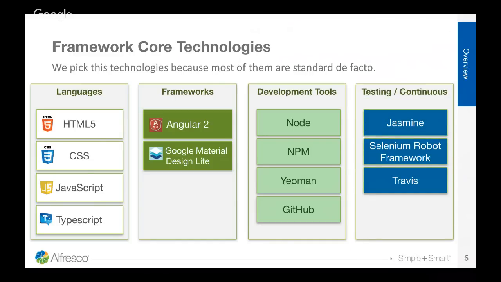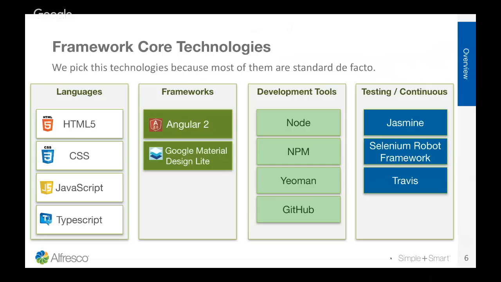We really think that testing has a big value for all the people that use a framework in general, because it gives the framework consistency and also makes it reliable. So we test it with Jasmine. We also have an automation framework with Robot to automate the user interaction. And we have a public CI with Travis.